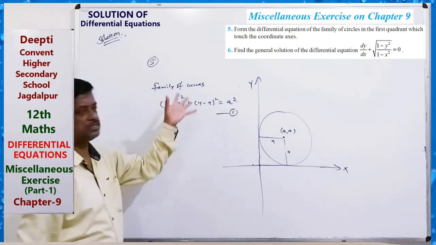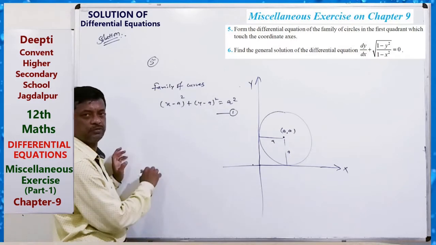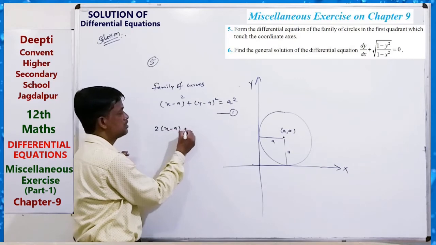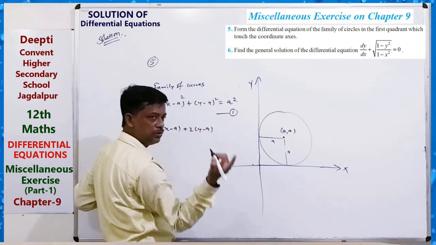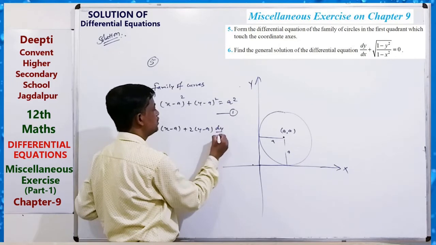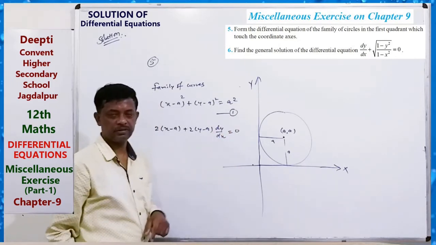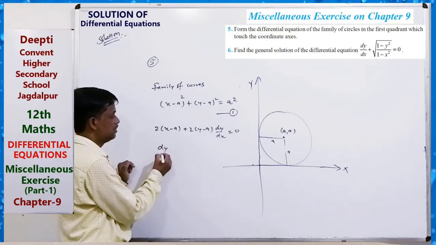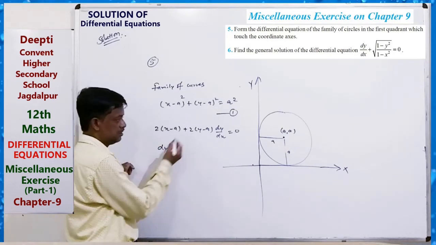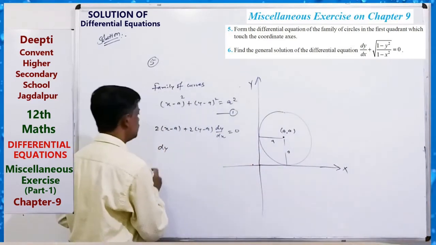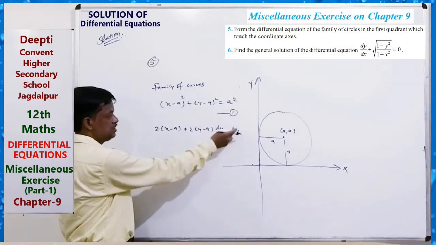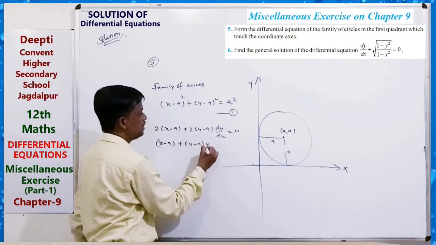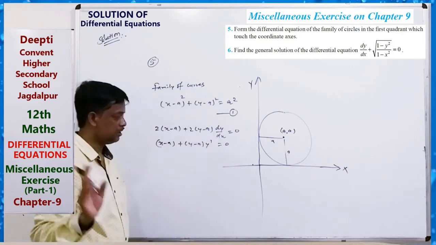Equation 1, very simple. Differentiate it with respect to x one time: 2(x minus a) into 1 plus 2(y minus a) into dy by dx, and the right-hand side is 0. Clear? Write y dash for dy by dx. The 2 cancels, so (x minus a) plus (y minus a) into y dash equals 0.